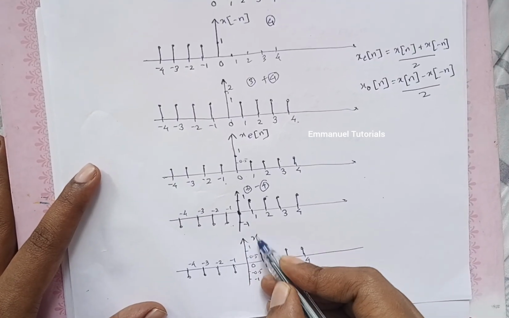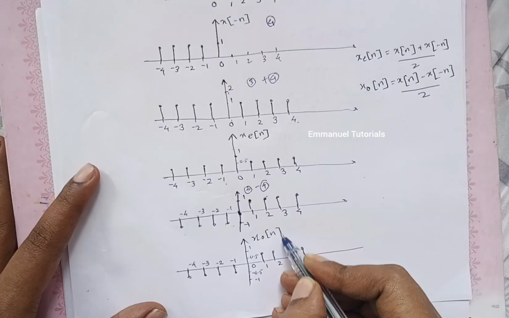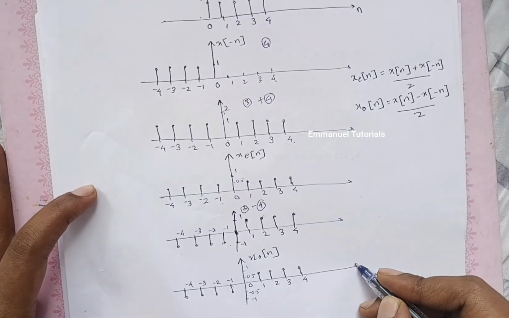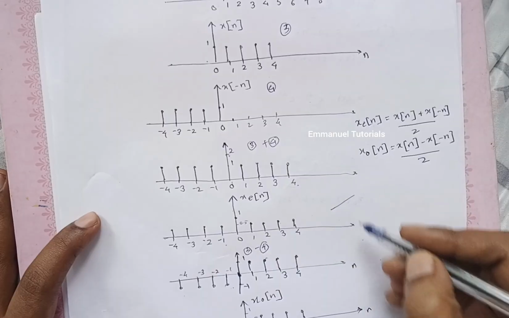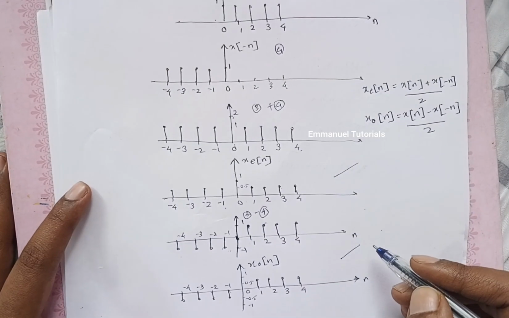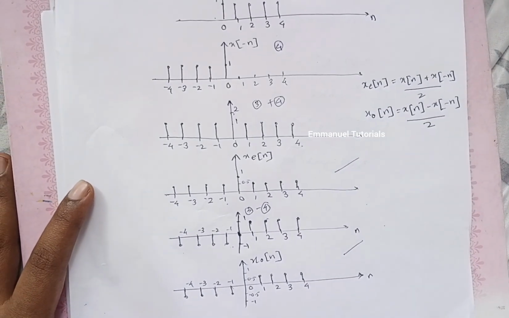So this is our odd component of the signal. So this is our final even and odd part of the signal. So hope you understood this.